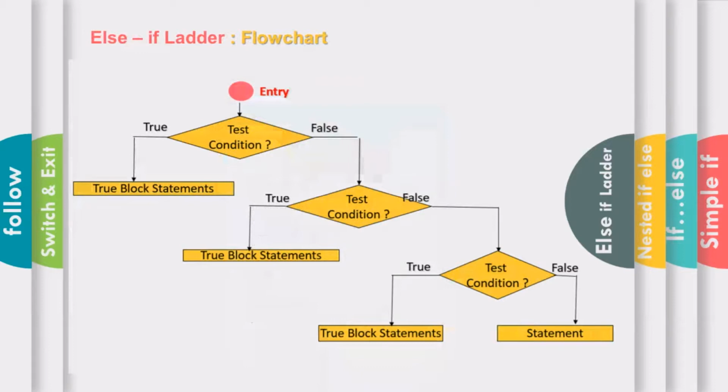If that test condition is true, then the true block statements are executed. If that becomes false, then the final else test condition is checked. If it is true, then the true block statements are executed. Else, the false statement gets executed. This keeps going on.